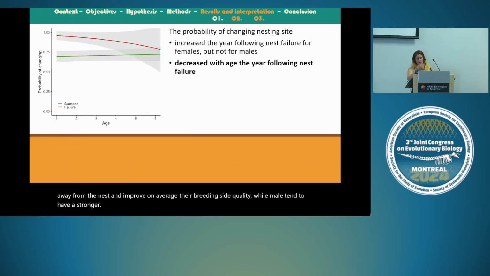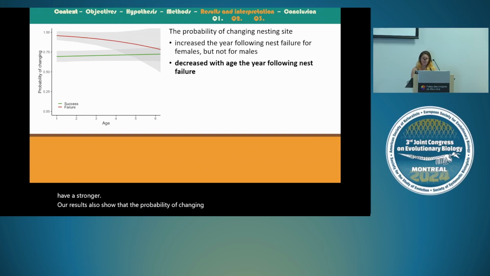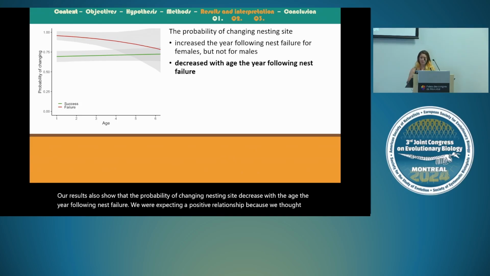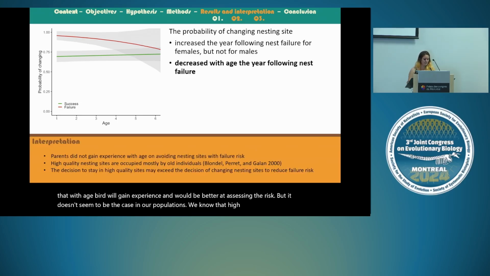Our results also show that the probability of changing nesting site the year following nest failure decreases with age. We were expecting a positive relationship because we thought that with age, birds would gain experience and be better at assessing the risk, but it doesn't seem to be the case. In our populations, we know that high-quality nesting sites are occupied by older individuals.